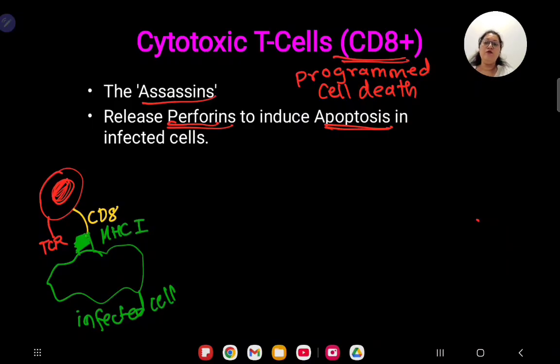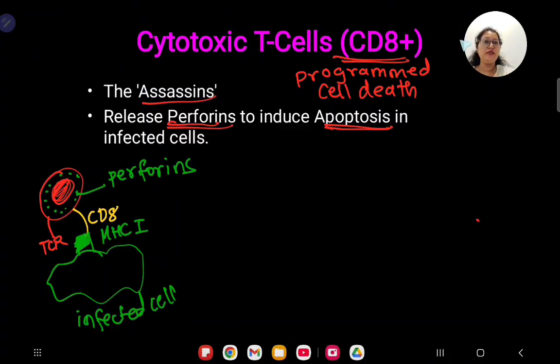MHC1. Now what happens is, inside this cytotoxic T cell, they have certain proteins which are known as perforins. Let's break down the name. Perforin means something that makes perforations, or makes holes. So when this cytotoxic cell comes in contact with an infected cell, it will release these perforins.